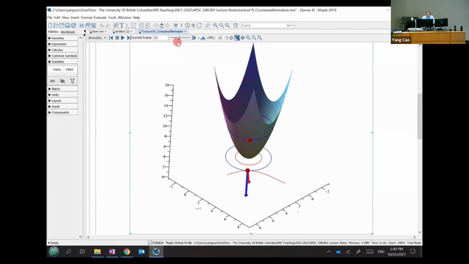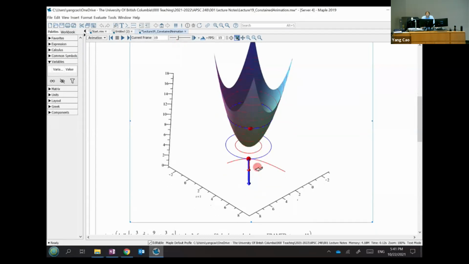Right here, they become parallel to each other, and person B is at the minimum location along its path. That's the idea of how the Lagrange multiplier is defined: del F is parallel to del G, and del F equals negative lambda del G. This is the idea of this constraint problem.